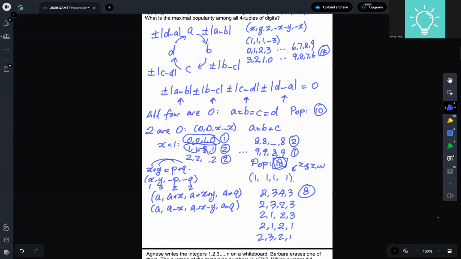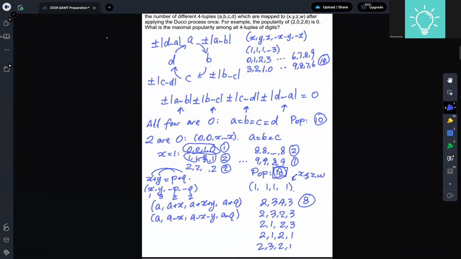And I can still keep going, and I can do 2, 1, 0, 1. All of these, they differ by what? 1. And there's 8 different places where I can put this. I can start this one at 0 all the way up to 7. I can start this one from 0 up to 8. There's 9 choices for this one. And there's 8, and there's 8.